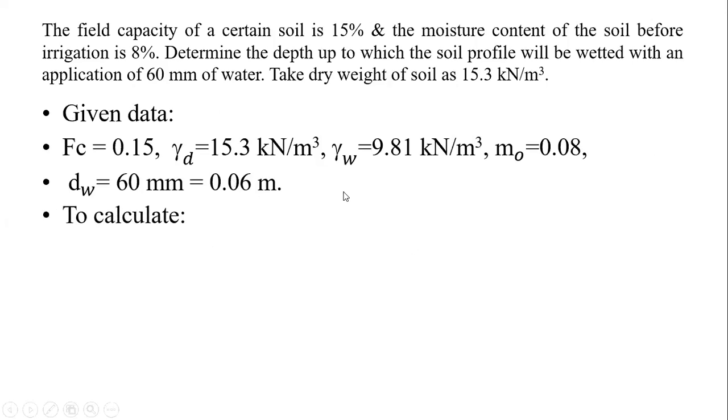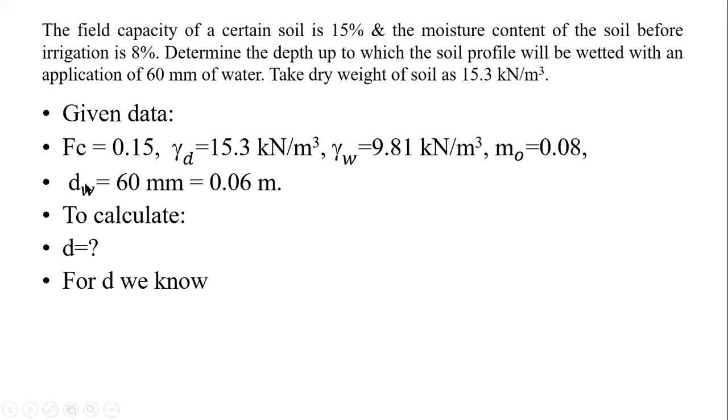Then what they asked us is to calculate the d, that is the small d. Now how to solve it, how will we find the value of small d? We know the relation. Which relation? Just now which we have derived in terms of the field capacity and the optimum moisture content.